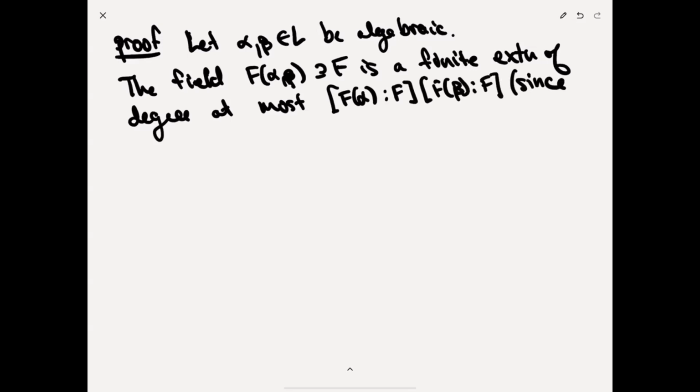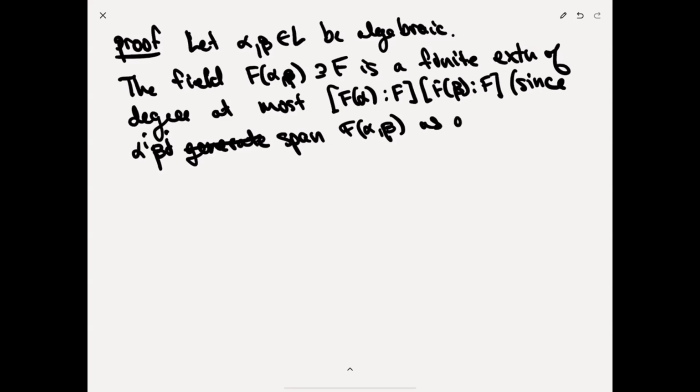And this is because the products alpha^i beta^j generate, or let's say span, F(alpha, beta) as an F vector space.